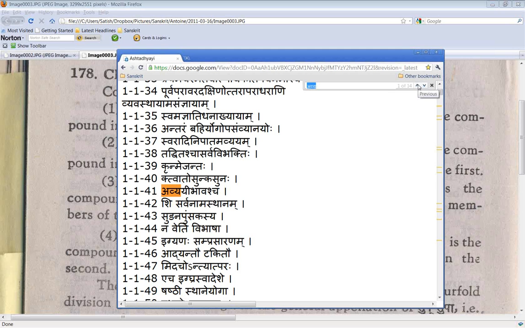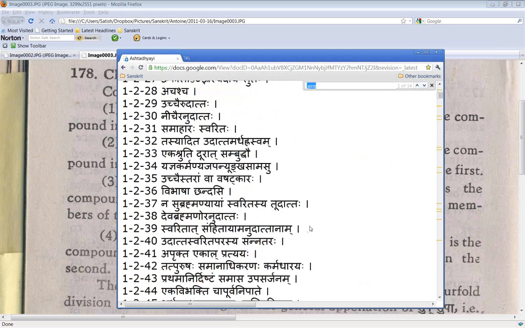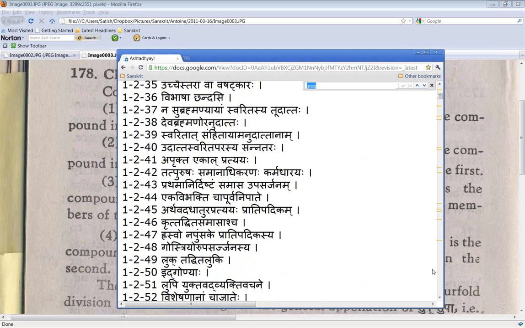It does make a difference. I'm sorry for sidetracking, but since we saw avyabhava compound, I just want to mention a couple of basic facts. One difference it makes is this sutram: hrasvo napumsake prajapadikasya. When the prajapadikam is neuter, if it ends in a vowel, that vowel becomes hrasvaha.